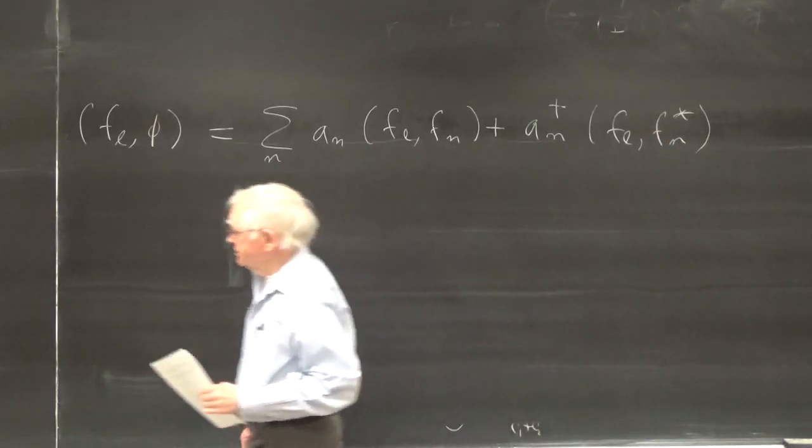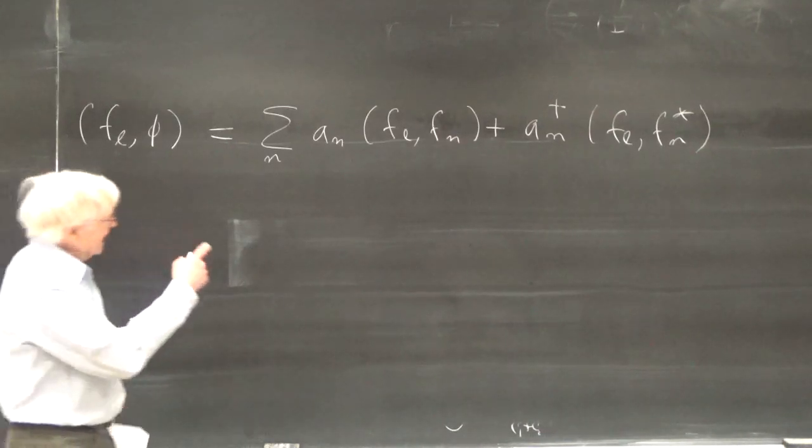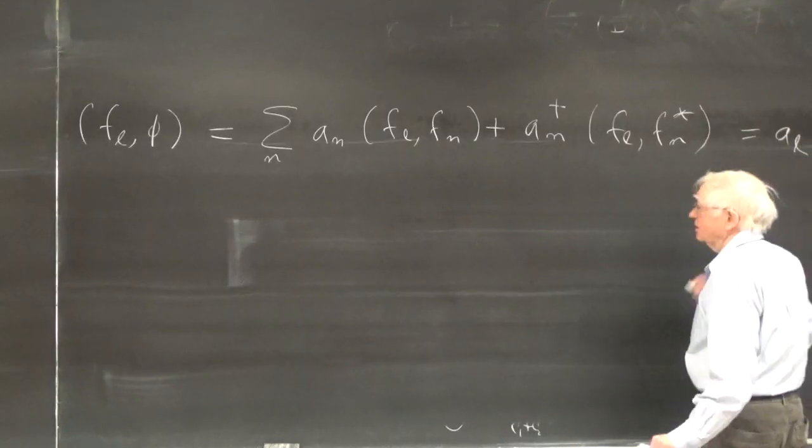Now if we use the orthonormality, (Fn with Fn star) vanishes, and (Fn with Fn) is delta nm, or Ln here. And so this is just A sub L.